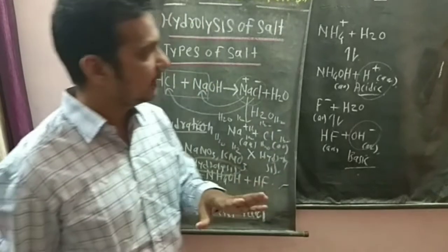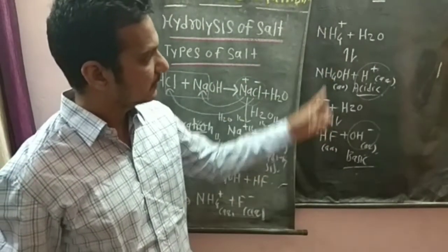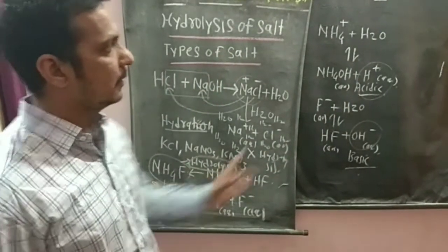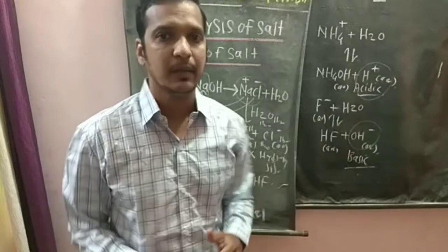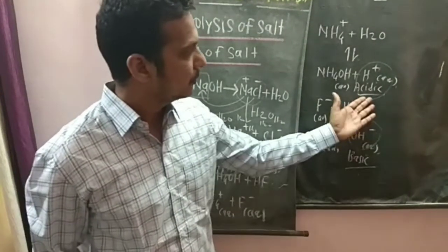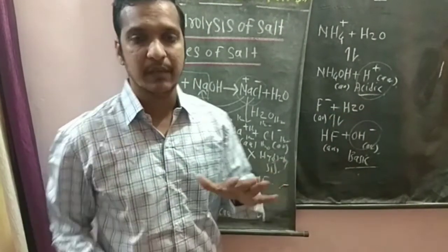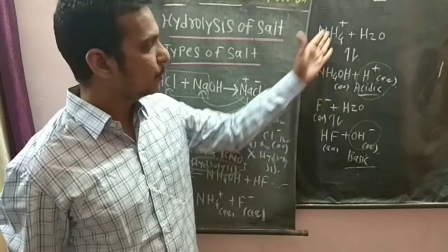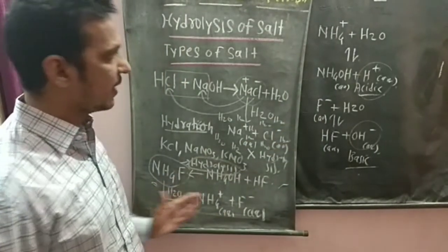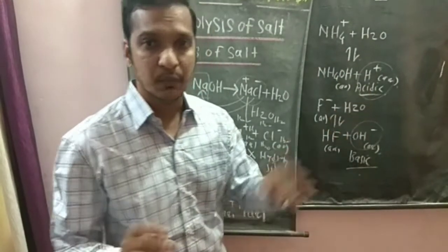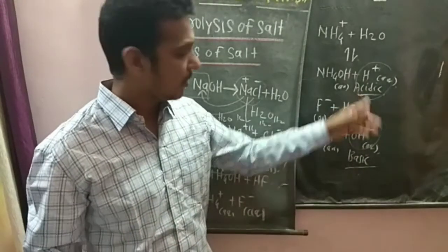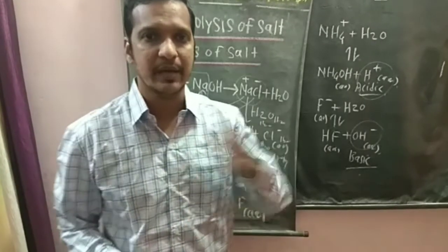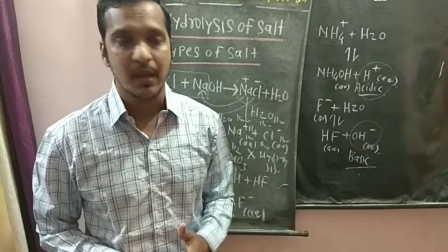Hydrolysis means a reaction in which the ions, cation or anion of a salt, react with ions of water to form an acidic solution or a basic solution. So this is the definition of hydrolysis: a reaction in which the cation or anion or both ions of a salt such as ammonium fluoride react with ions of water to form an acidic or basic solution. That reaction is called hydrolysis of salt.